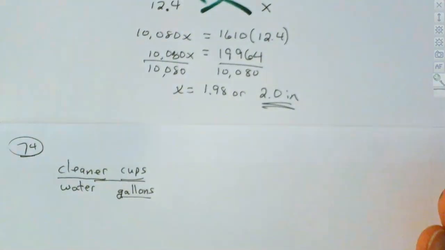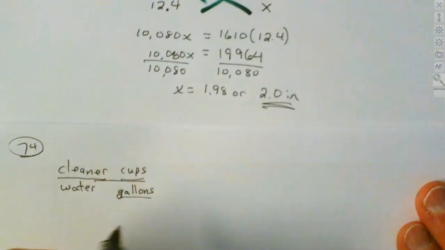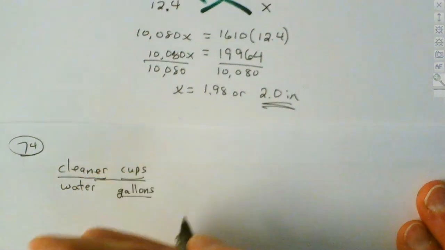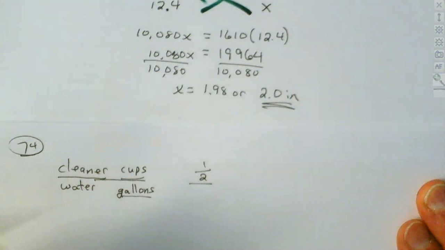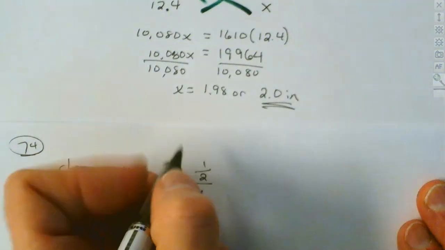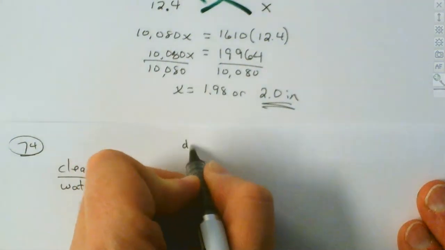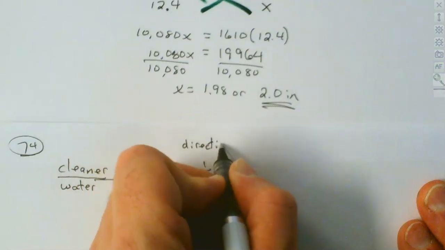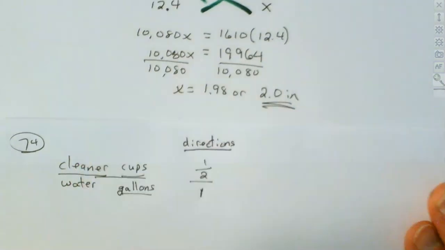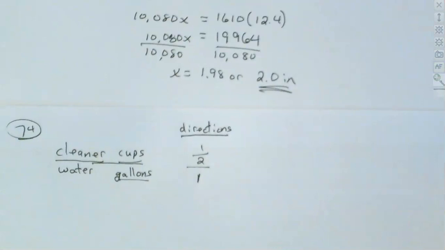So when we look at the cleaner, our first ratio from the directions is a half a cup of cleaner over 1 gallon of water. So the directions tell me that it's a half a cup of cleaner, right? 1 gallon of water.